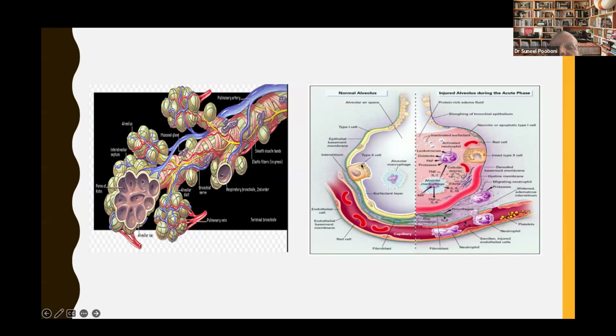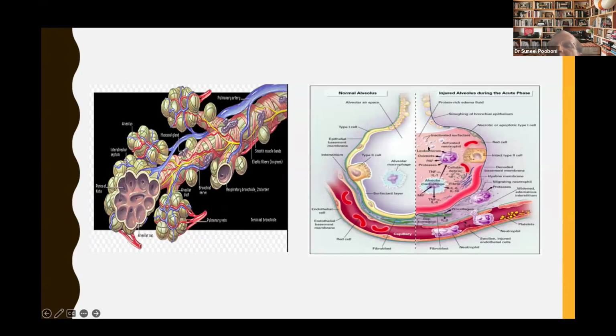So from there, we understand this layer is smeared with the surfactant, so that keeps the function of the alveolus better by avoiding the collapse of the alveolus.